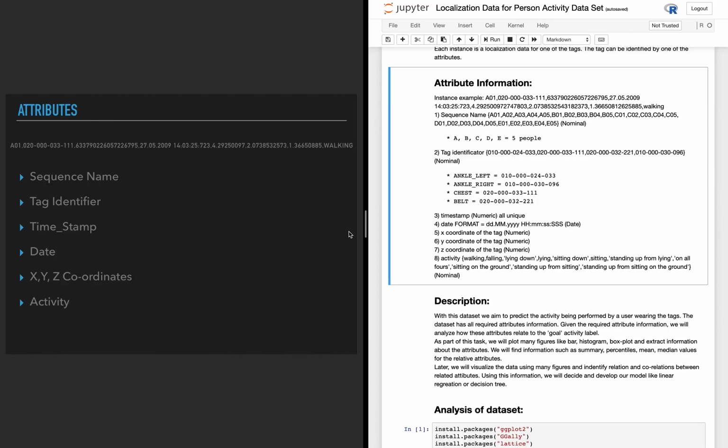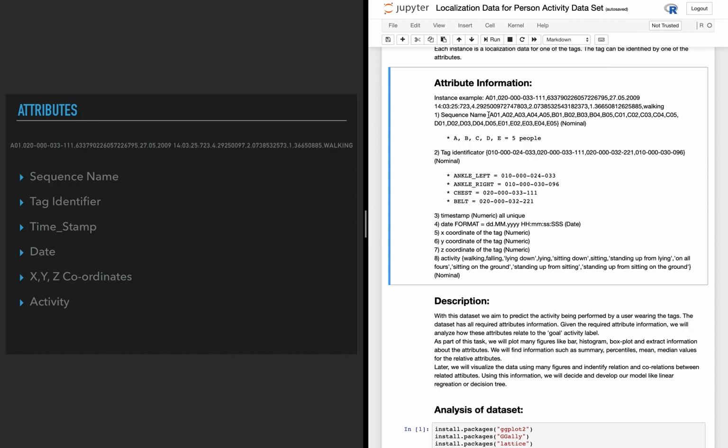Alright, let's have a look at the attributes in the dataset. The dataset has over 8 attributes, namely the sequence name, the tag identifier, timestamp, date, X, Y, and Z coordinates, followed by the activity it is classified into. As we can see from the notebook on the right, the sequence name is composed mainly of nominal values from A01 to E05. Over here, A denotes the name of the person being recorded, while the number denotes the recording session of that person.